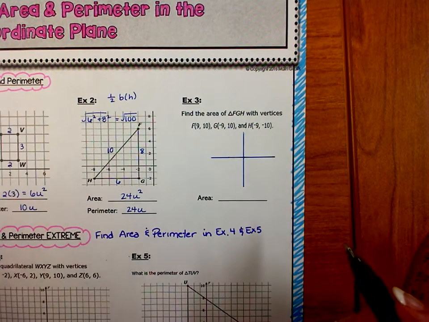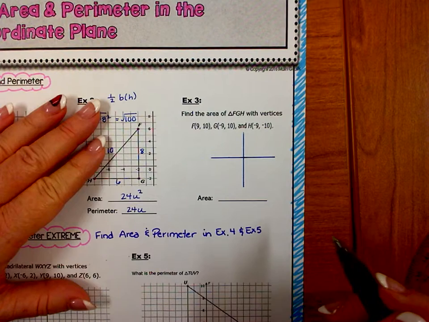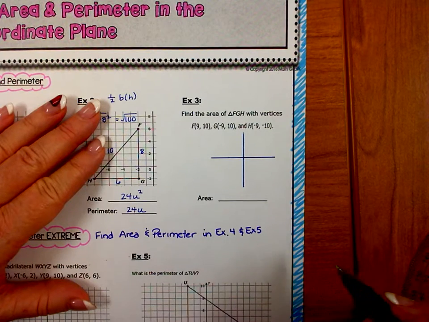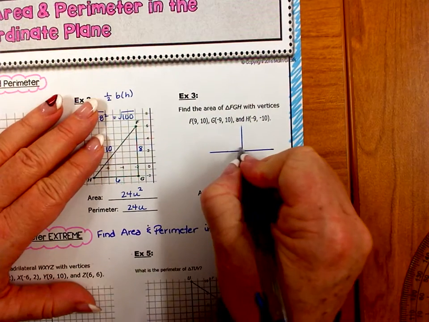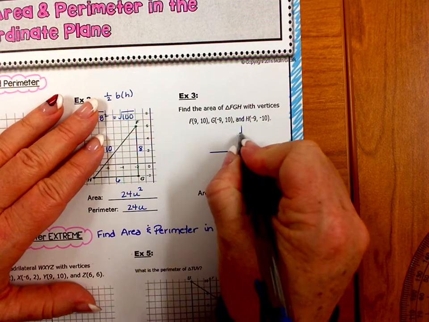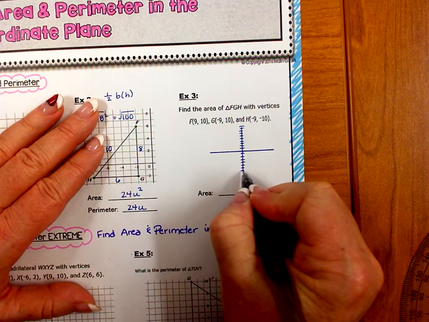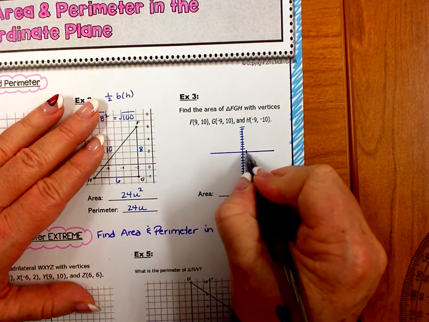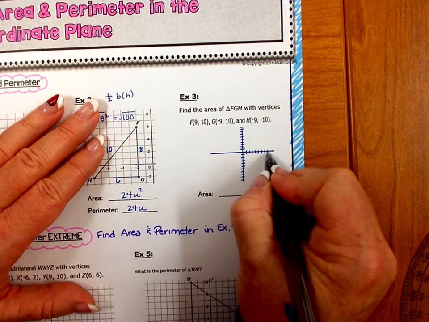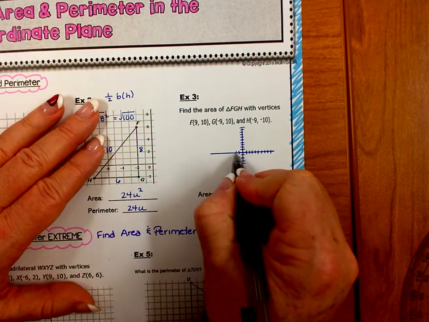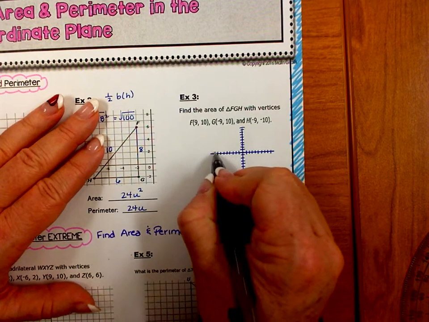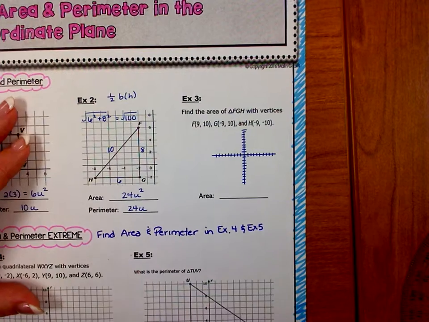So we need it to go up 10, down 10, right 9, left 9. So 1, 2, 3, 4, 5, 6, 7, 8, 9, 10, and again 1 through 10, then 1 through 9, and 1 through 9. Okay, those look pretty even.